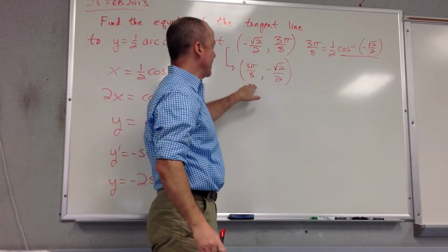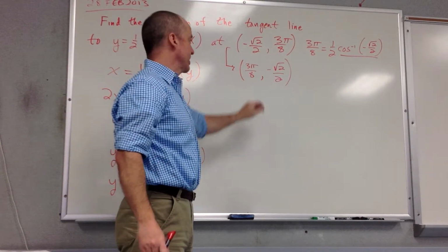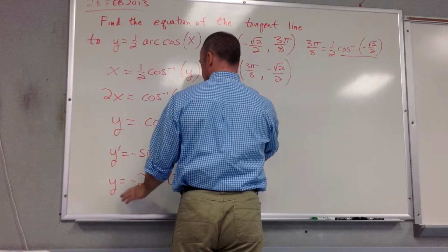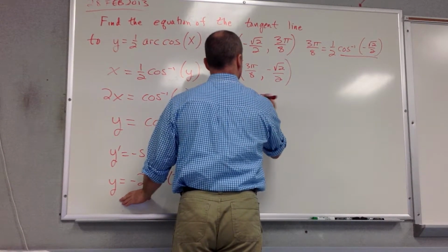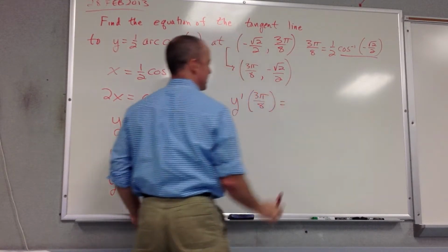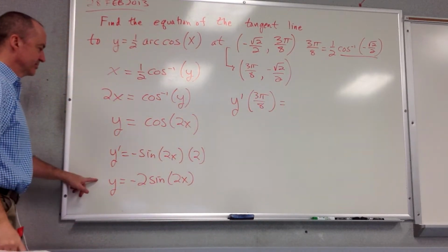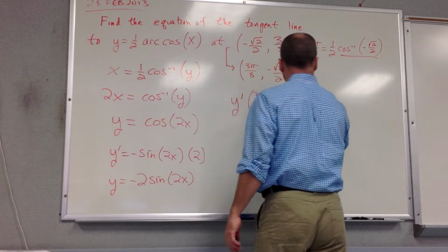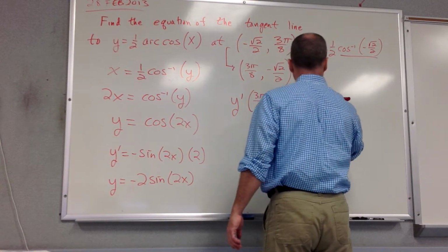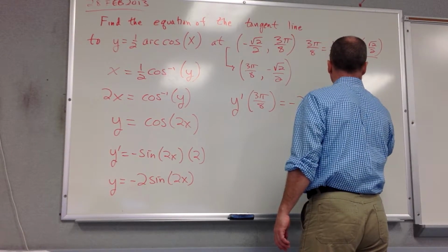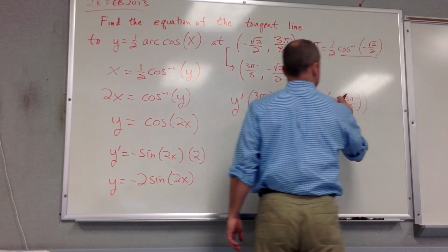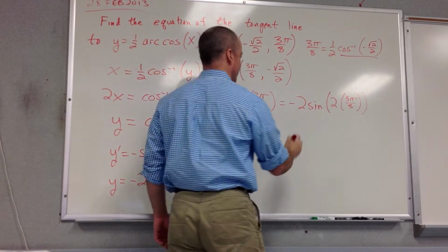So 3 pi over 8 had better be our x. For this inverse function, what is y prime of 3 pi over 8 going to be? It'd be negative 2 sine of 2 times 3 pi over 8. Instead of 6 pi over 8, can I reduce it to 3 pi over 4?